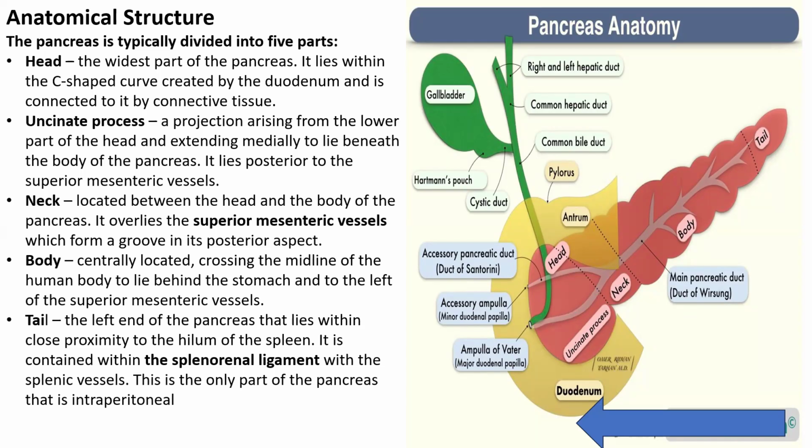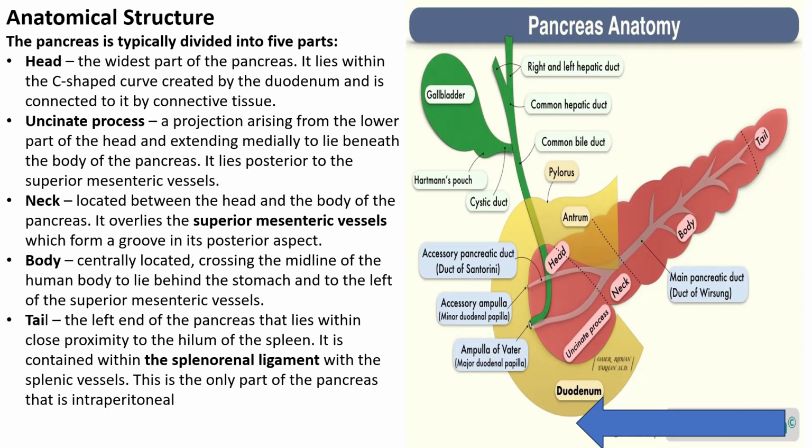Now there is the uncinate process. What is the uncinate process? It is a projection arising from the lower part of the head, extending medially to lie beneath the body of the pancreas.